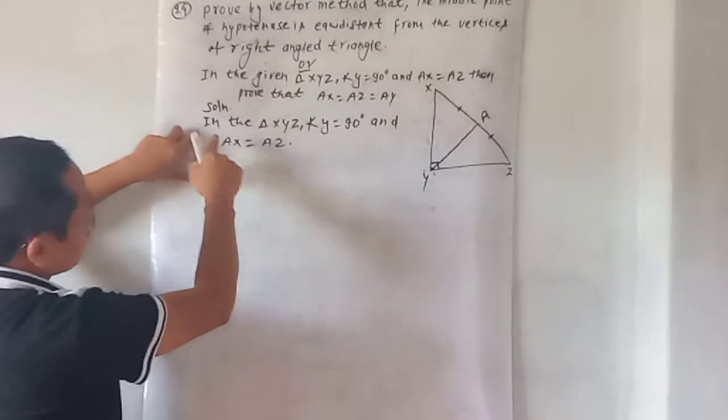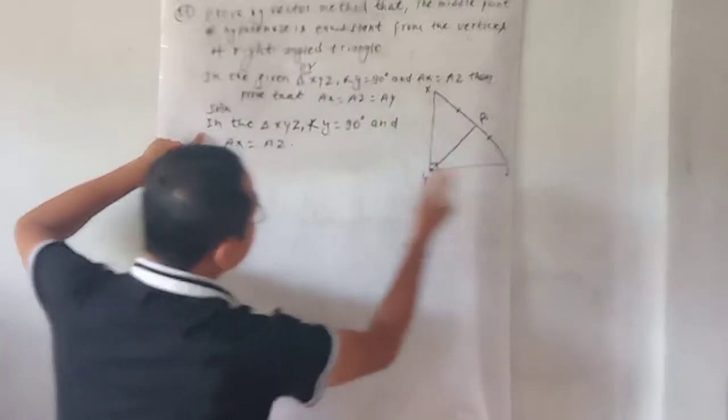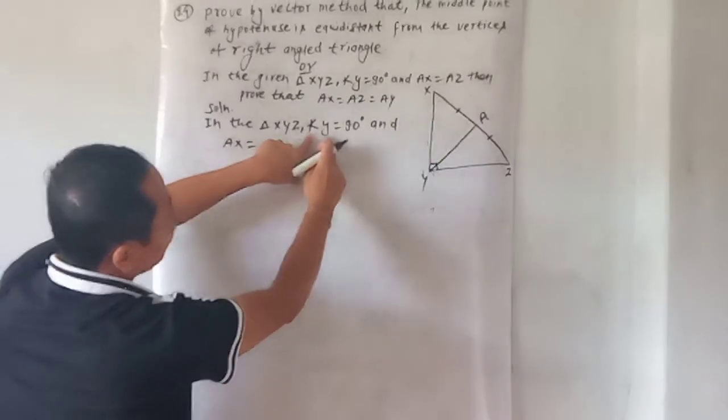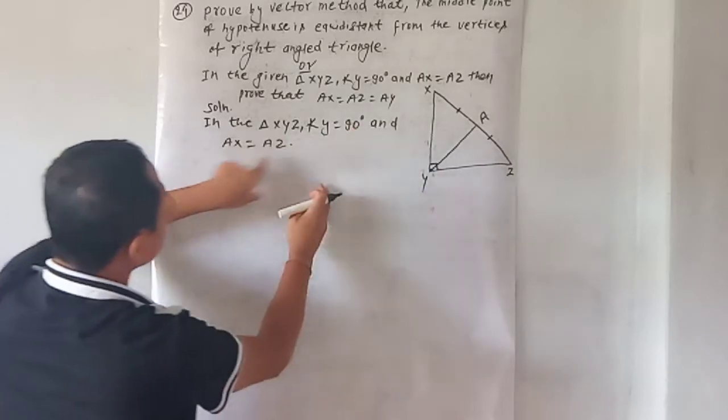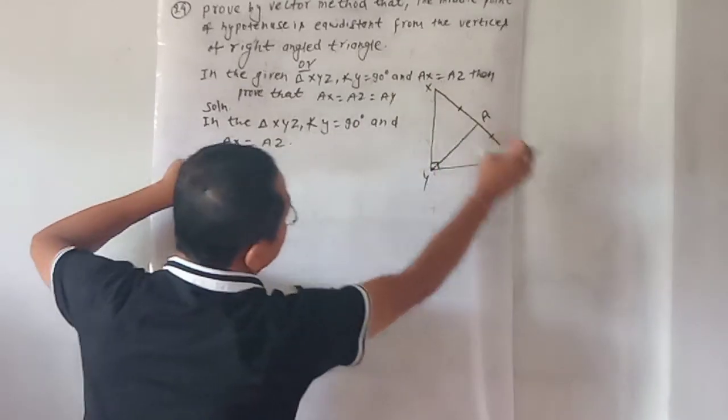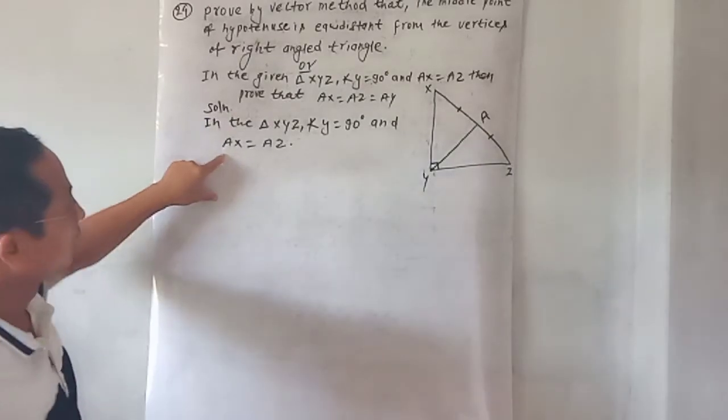here is the solution. In the triangle XYZ, angle Y is 90 degree and AX is equal to AZ is given.